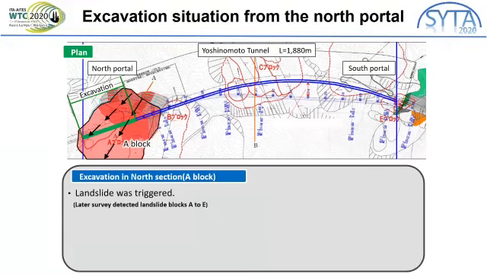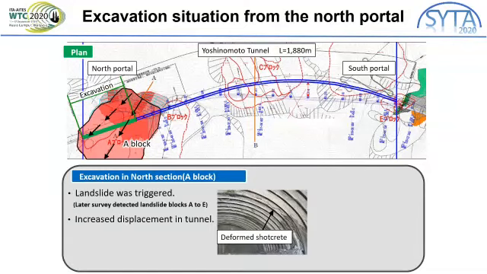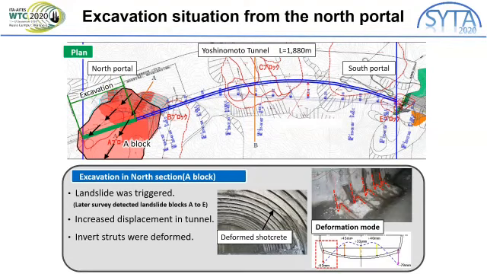After that, landslide blocks from A to E were detected by the radar survey. Furthermore, during excavation, the tunnel displacement increased, and the inboard struts were deformed. The face stability was impaired, and the tunnel face collapsed several times during excavation.